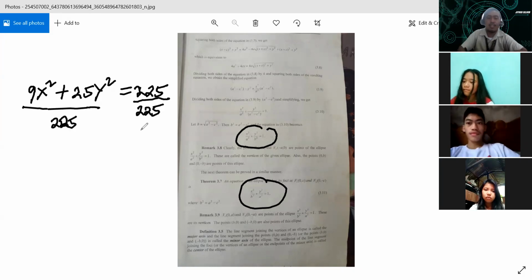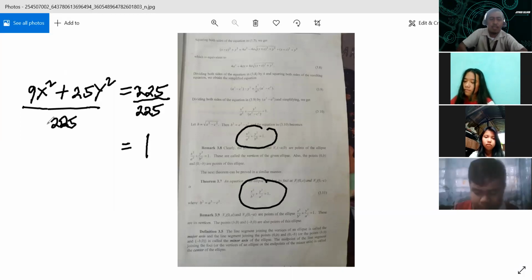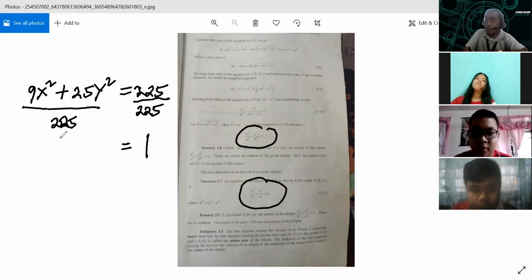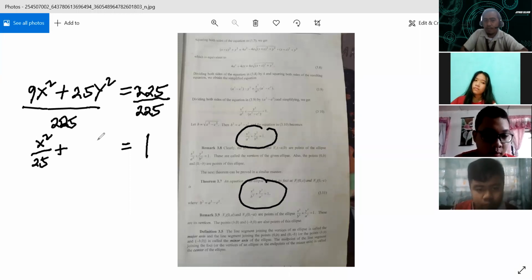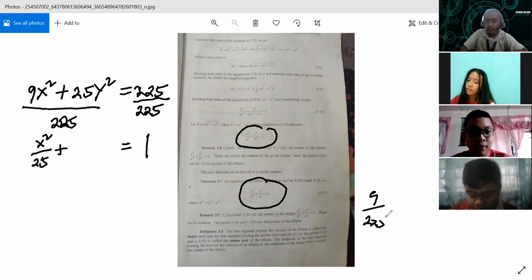After that, the right side will be 1, so you have 9 over 225, right? And that is just x squared over 25. Agree? Because 9 over 225 can be reduced to 1 over 25.